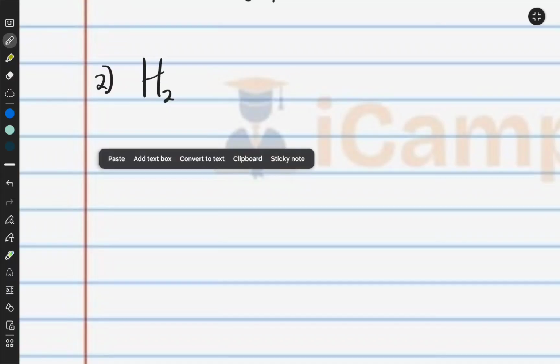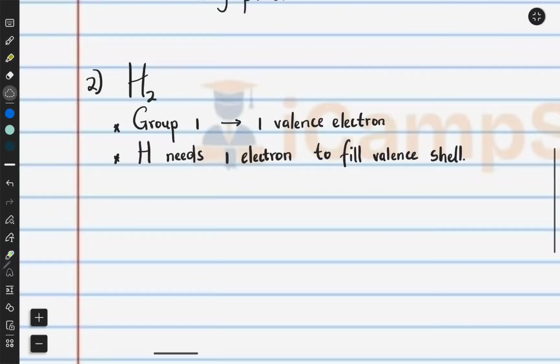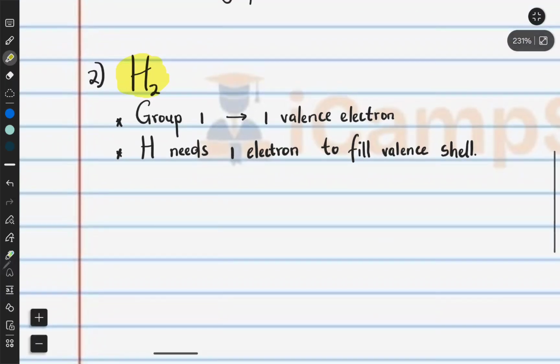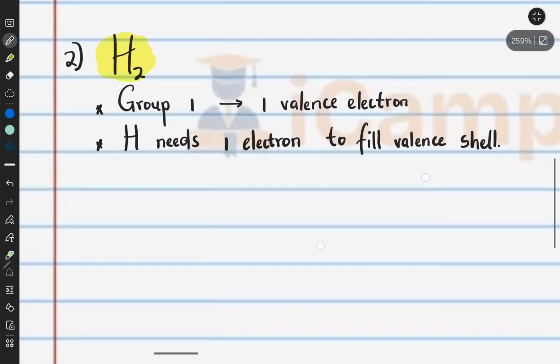It's an exception because instead of needing 8 electrons to fill its outer shell, it actually needs just 1. Hydrogen is in group 1 and it happens to need just 1 electron to fill its valence shell. So let's check how it behaves.